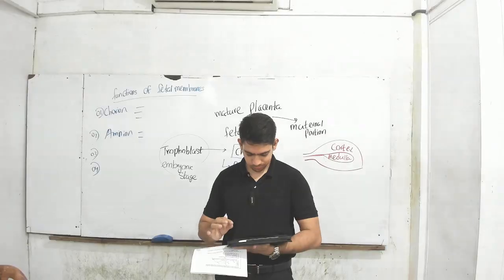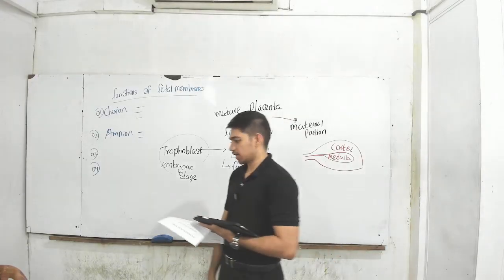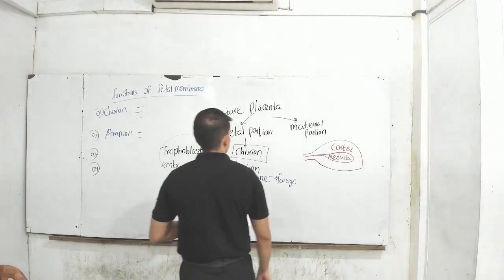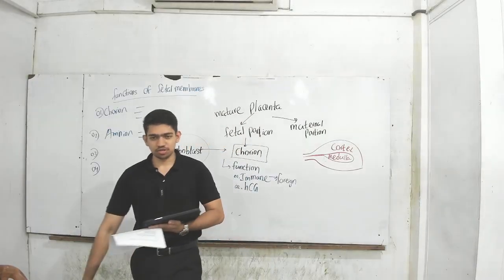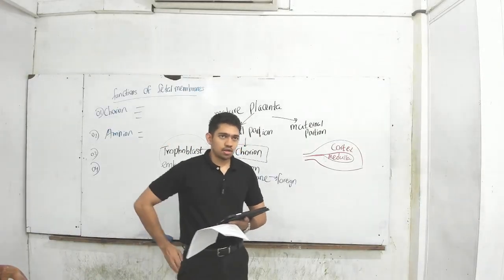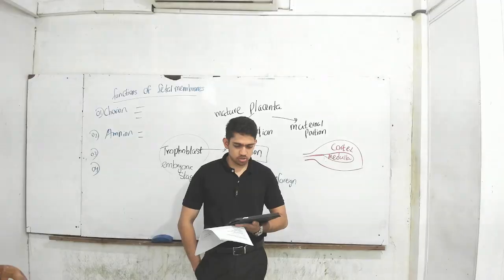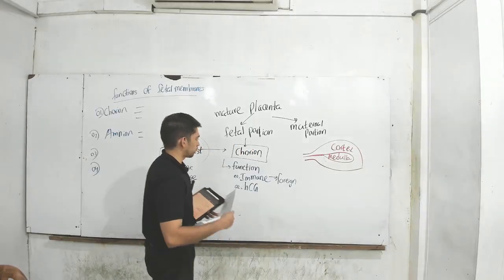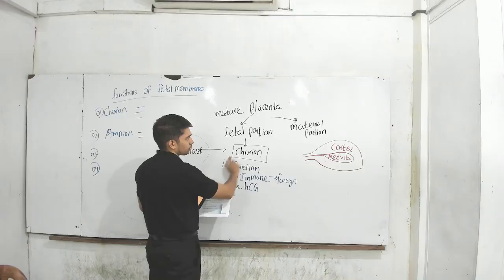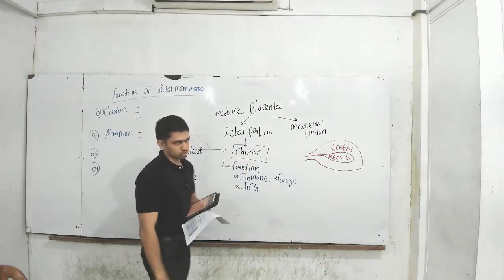Placenta. Placenta has a progesterone secreting function, but it's the next thing we're going to study. Corpus luteum and placenta. Placenta has an endocrine function. It can produce some hormones, including progesterone as well as HCG. The chorion of the placenta can produce HCG, and it can also produce progesterone.